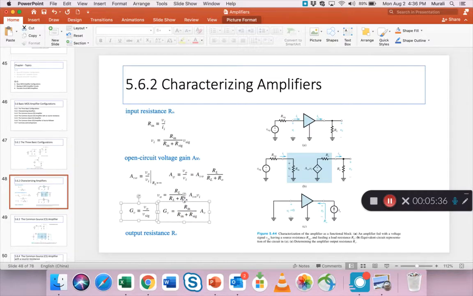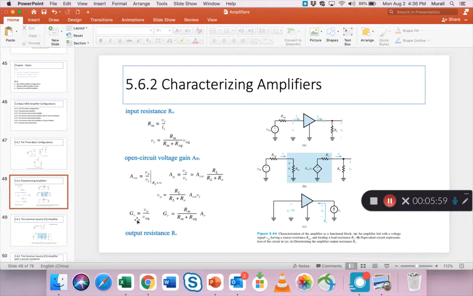Okay. So similar to what we saw in BJTs, we define the input resistance, a variety of gains. There is the open circuit voltage gain without load impedance. There is the voltage gain with a load impedance. This is the formula.